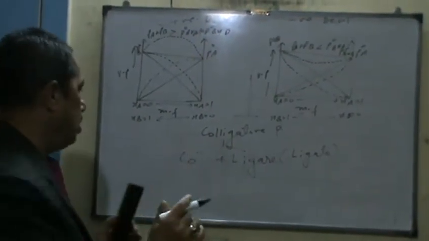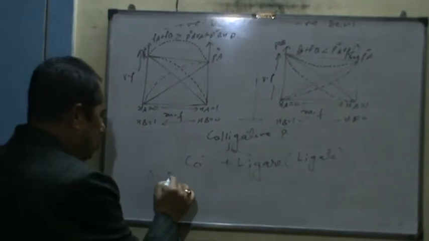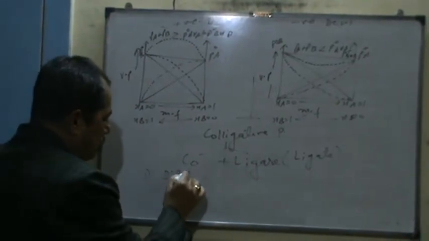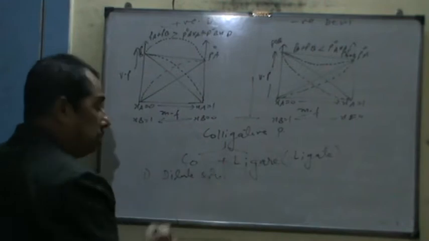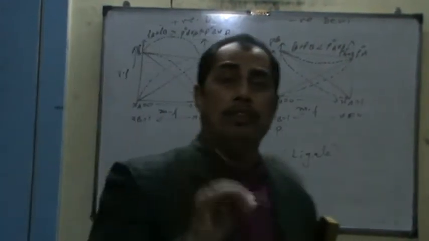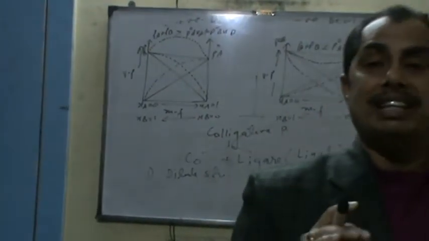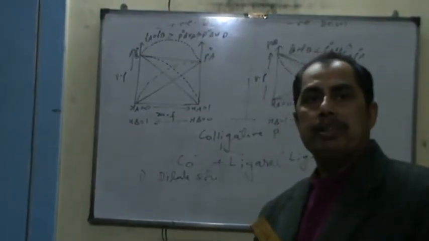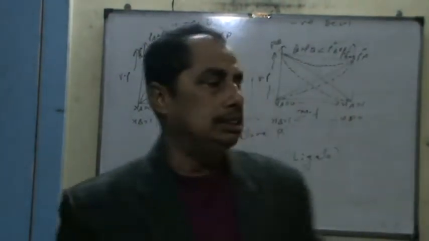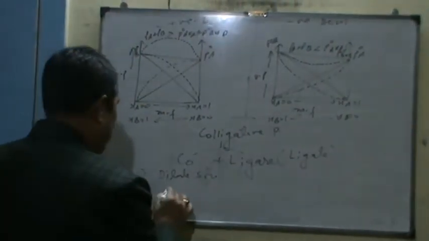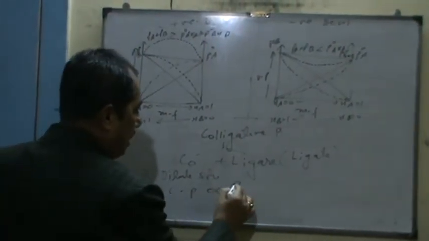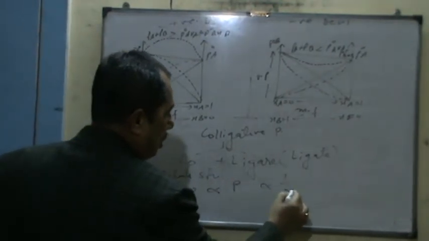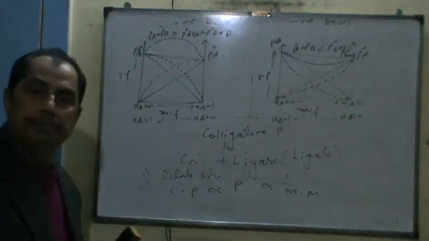It is the property of dilute solution which depends upon the number of particles but is independent of the nature of the particle. So colligative property is directly proportional to the number of particles but inversely proportional to the molar mass.